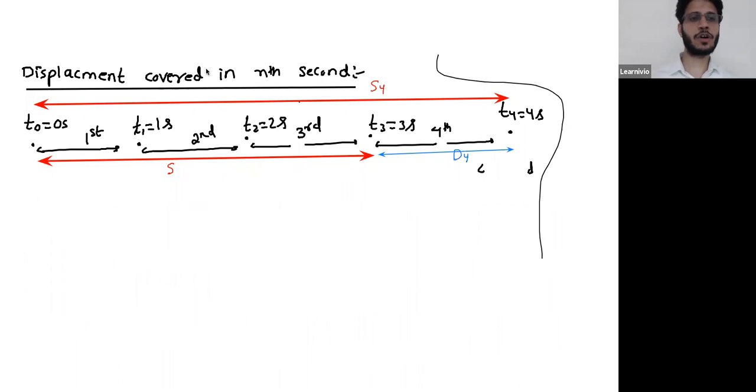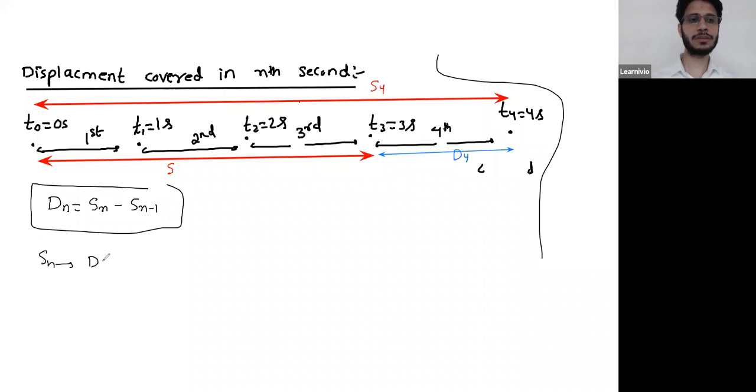So can you guess how to calculate dn? dn would be displacement covered in n seconds minus displacement covered in n minus 1 seconds. When I say Sn, the time interval is 0 to n seconds.